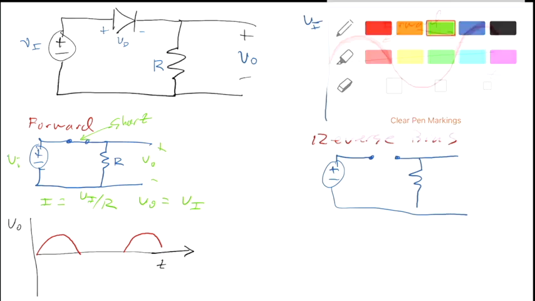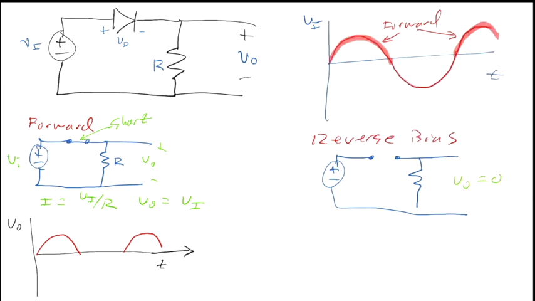So we've got an output voltage that's 0 because we have no current. Right? We've replaced the diode with an open. No current flows through the circuit, no current flows in the resistor, so the voltage across the resistor is 0.